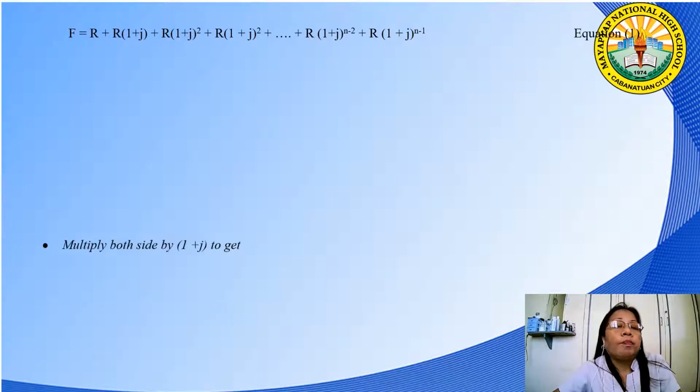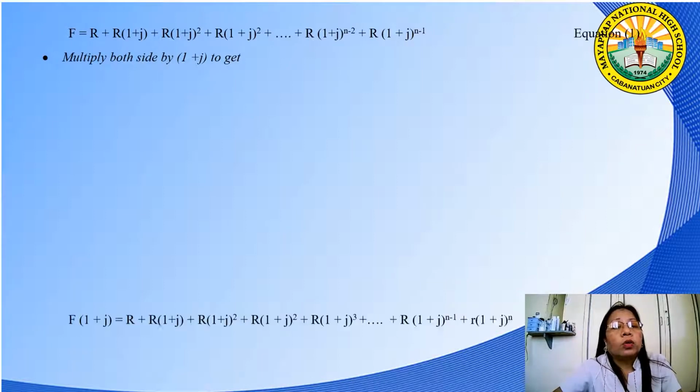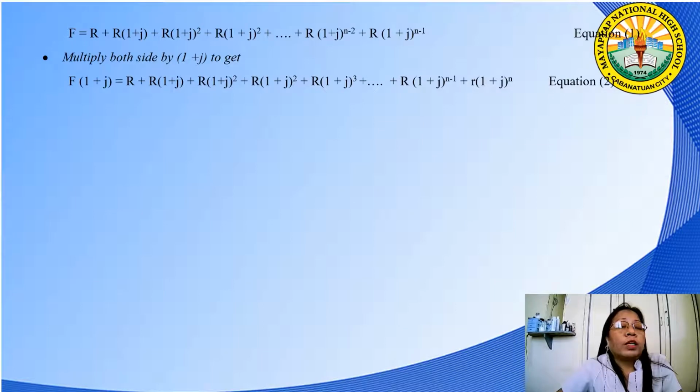Then you multiply both sides by 1 plus j to get F times 1 plus j equals R plus R times 1 plus j plus R times 1 plus j raised to the second power, and so on and so forth, and you name this equation 2.